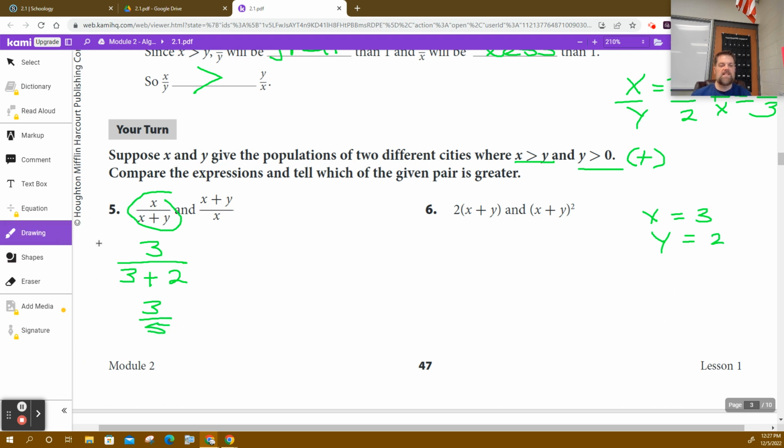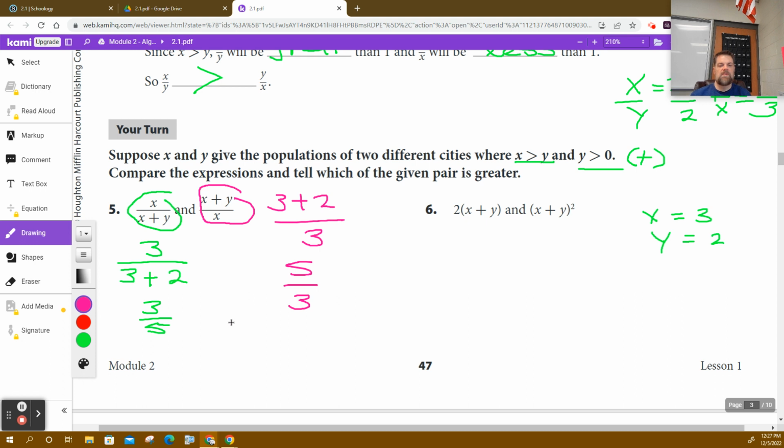So I'm doing this one here, just plugging in some numbers to see what I get. So 3 over 3 plus 2, that's going to be 3 over 5. Now, in that same vein, I'm going to plug in, we'll do this in red. X is 3, Y is 2. So I'm going to do this one now. And I get 5 over X, which is 3. So I get 5 over 3. So that means that this one is less than this one.